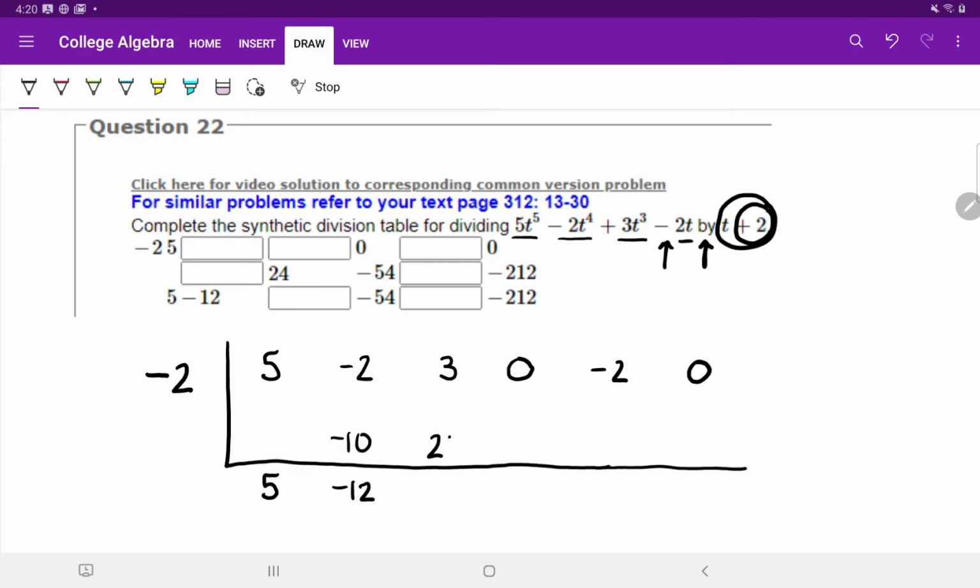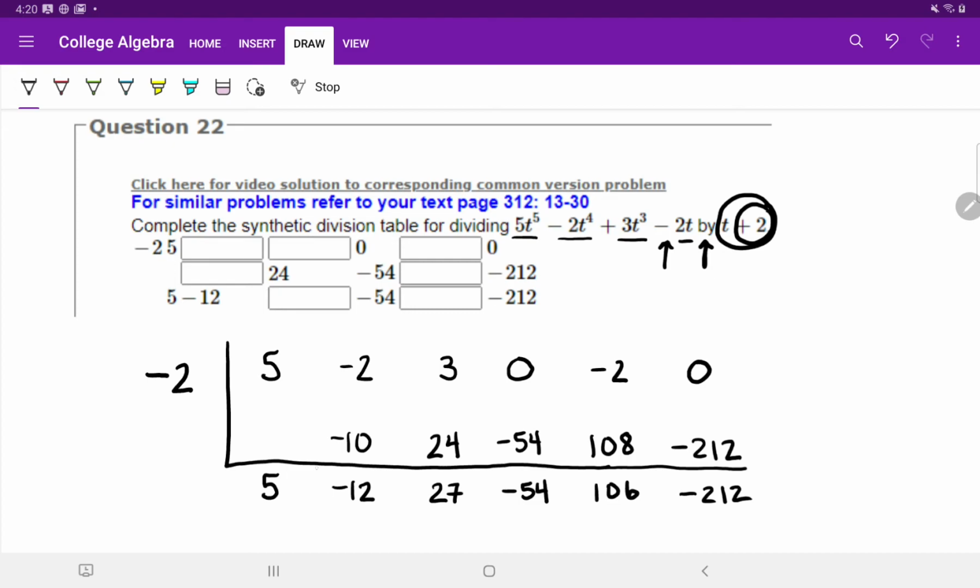That'll be positive 24. Now we add 27. Now we multiply negative 54. Now we add. Now we multiply. Now we add. Now we multiply. Now we add.